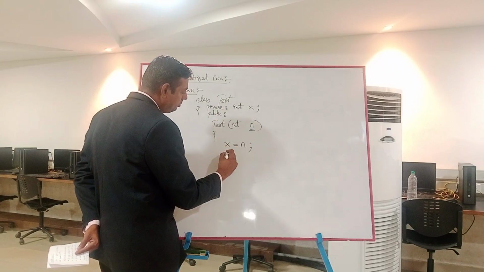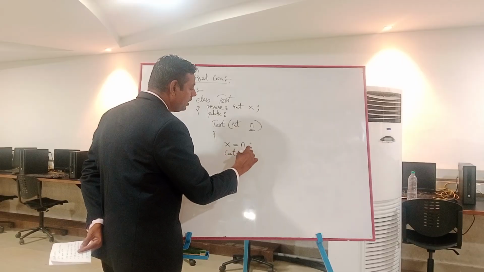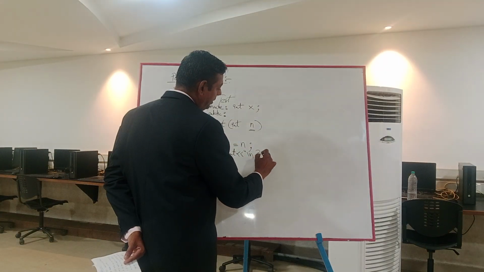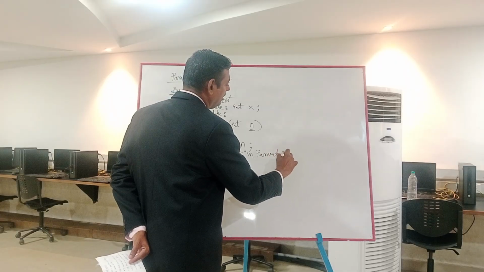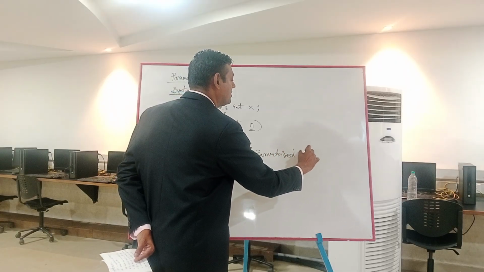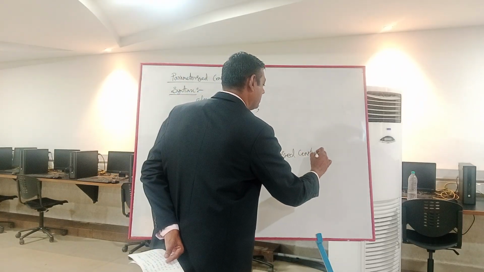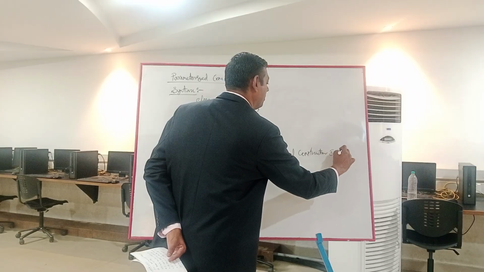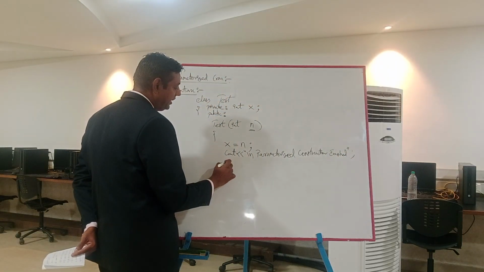Here I can simply write cout, \n parameterized constructor invoked, and I can also display the value of x here.